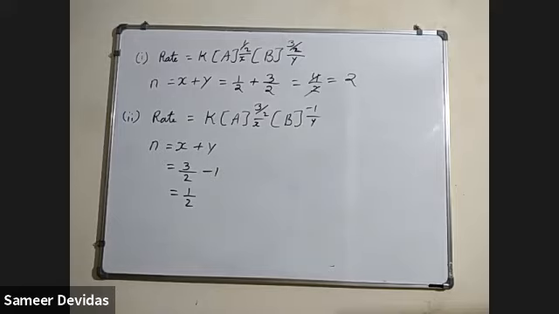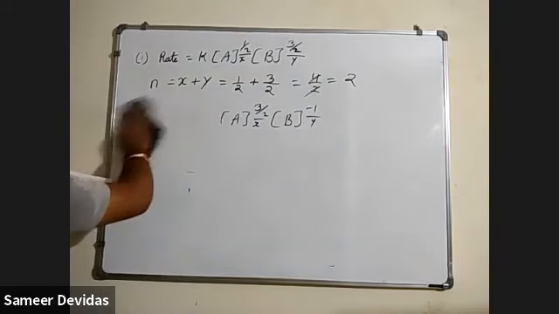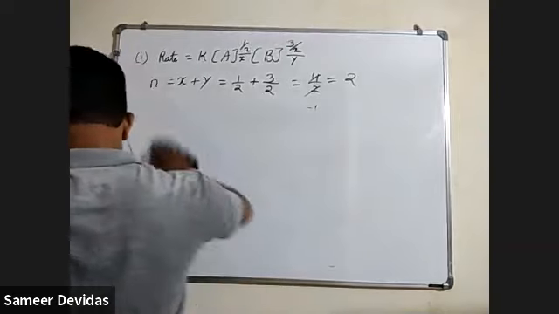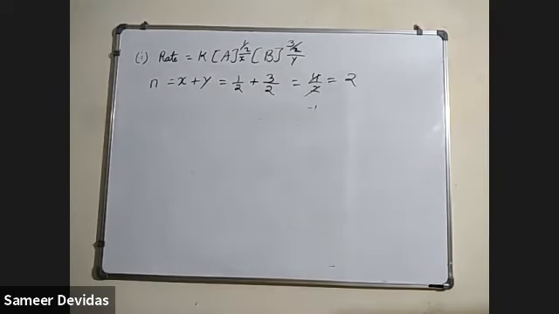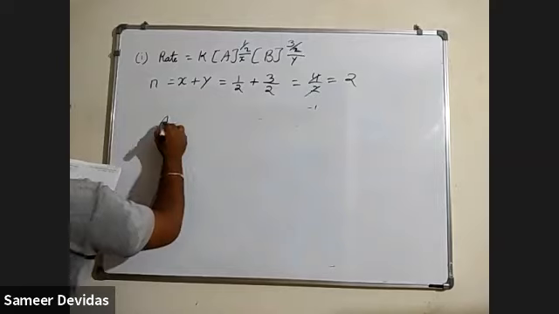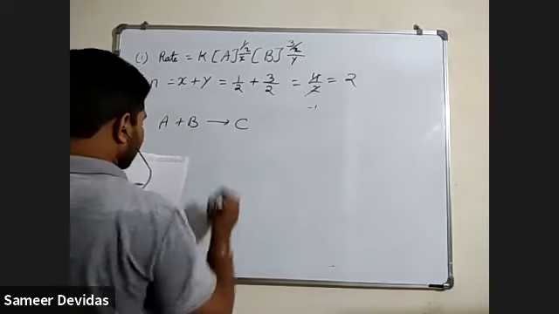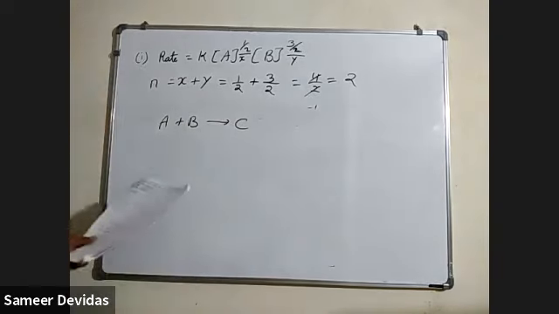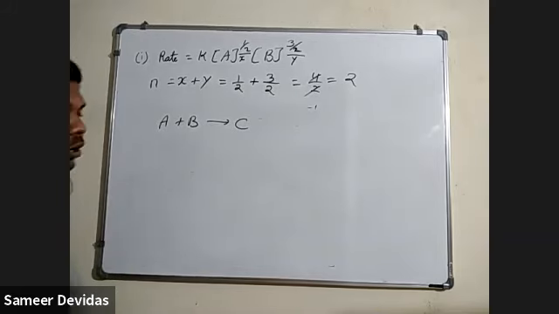The reaction A plus B gives you C, has zero order. Then write the rate law equation.